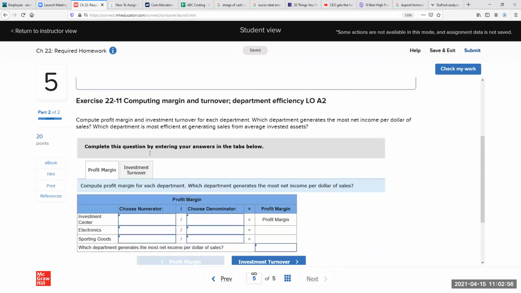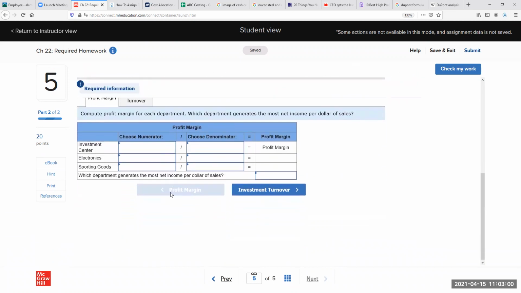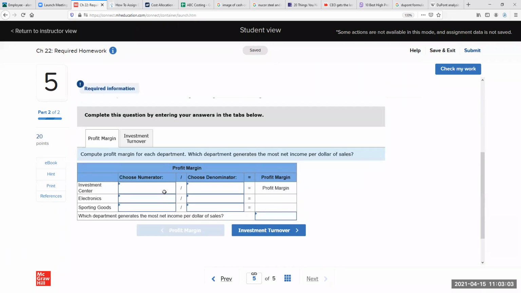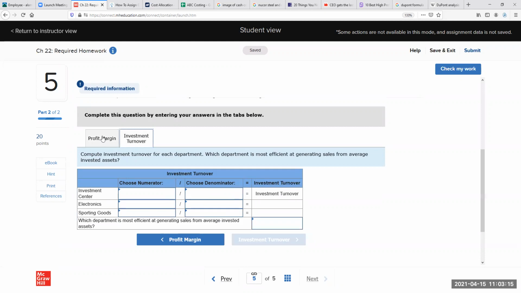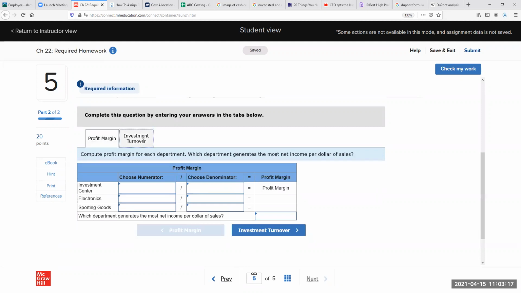All right, now where's 5? All right, compute the net profit. Numerator, denominator. So how do you figure out the profit margin? What's the profit margin? And what's the investment turnover?